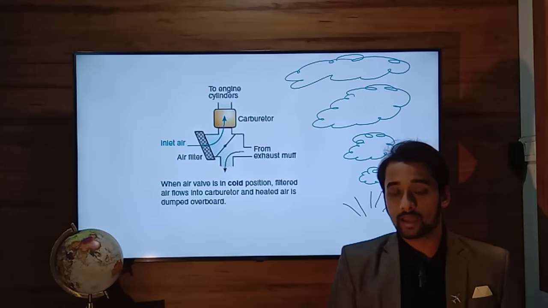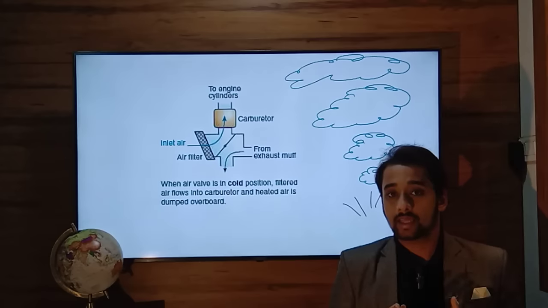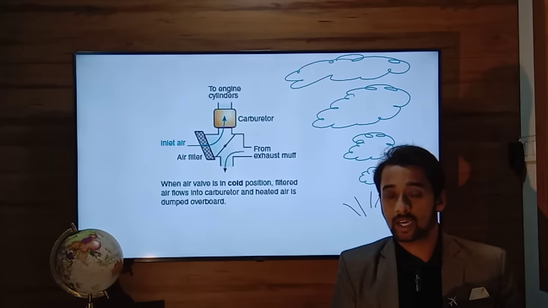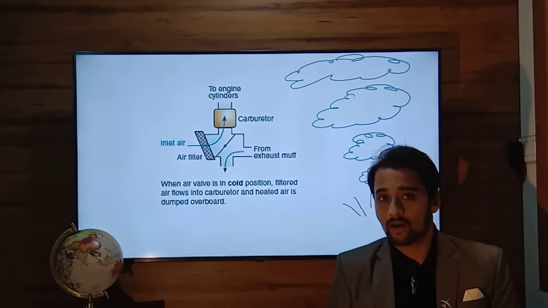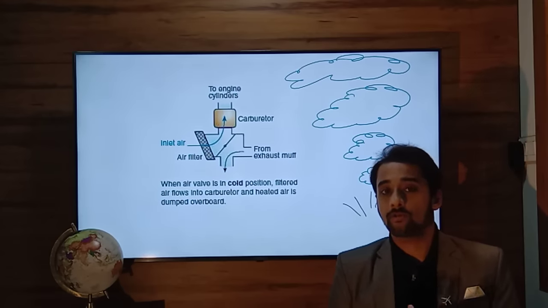So as its density decreases, the air becomes thinner and thinner, and this less dense air will not burn the fuel air mixture properly. A fuel air mixture in which the density of air is high will burn more efficiently than a fuel air mixture with low density air.